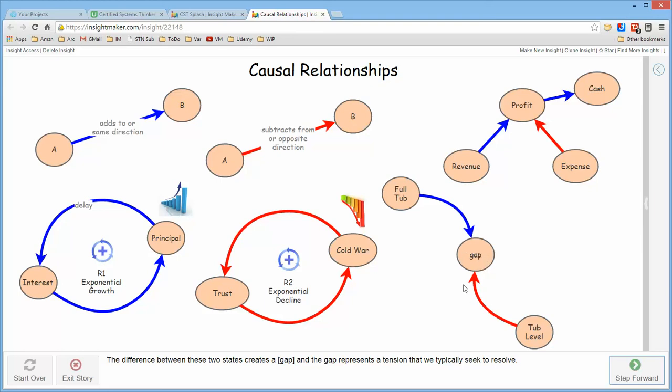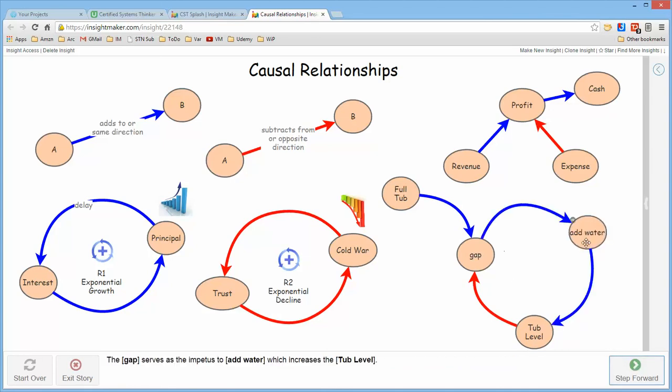Now, in this example, the assumption is that this is larger than this, so that if I was to increase this value, it would increase the gap. And if I increased this value, it would decrease the gap, which is why one is blue and the other is red. Now, that gap is actually the impetus for some action, in this case, add water.